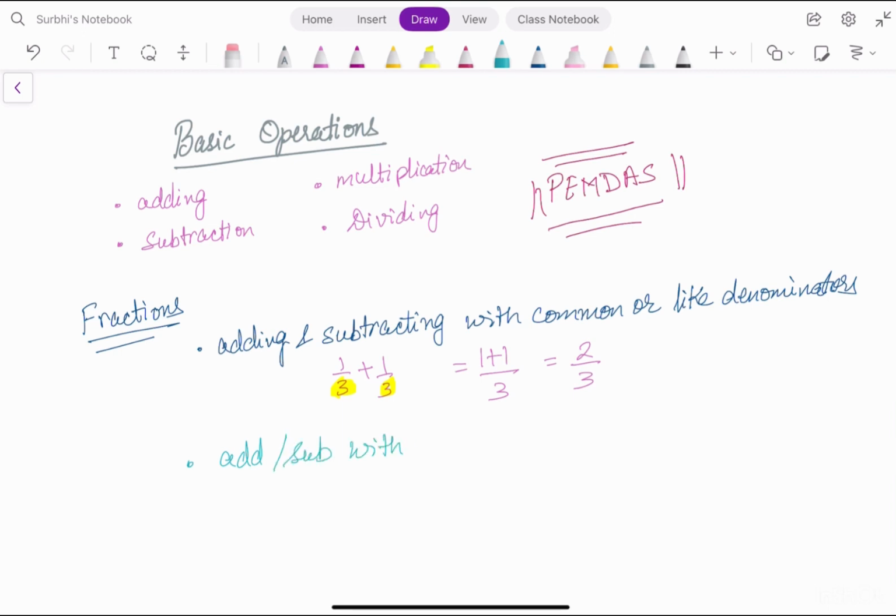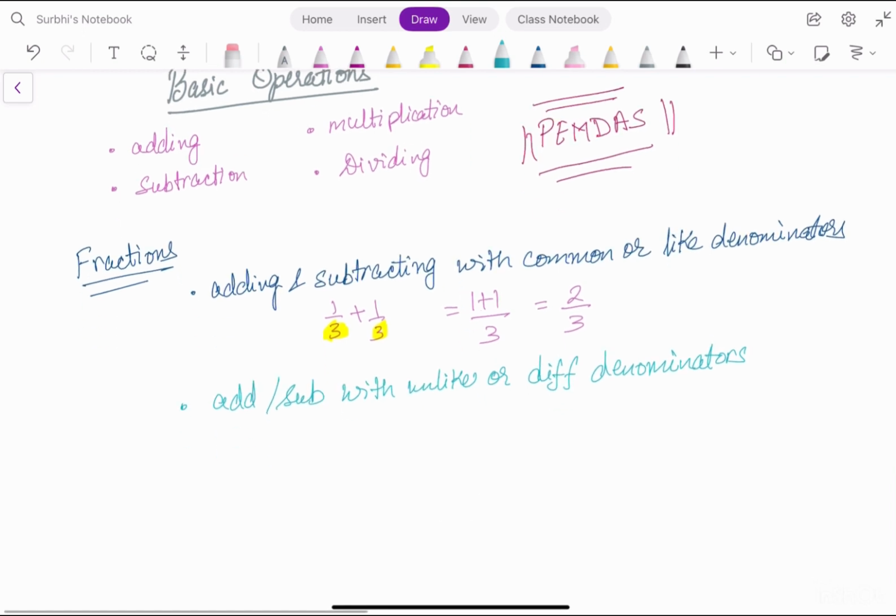Now, adding and subtracting with unlike or different denominators. For example, if we have 2 fractions where the denominators are totally different. Let's take one example: 2 over 3, and let's add 1 over 5. As you can see, 3 and 5 are unlike. But can I do something to make both denominators the same?